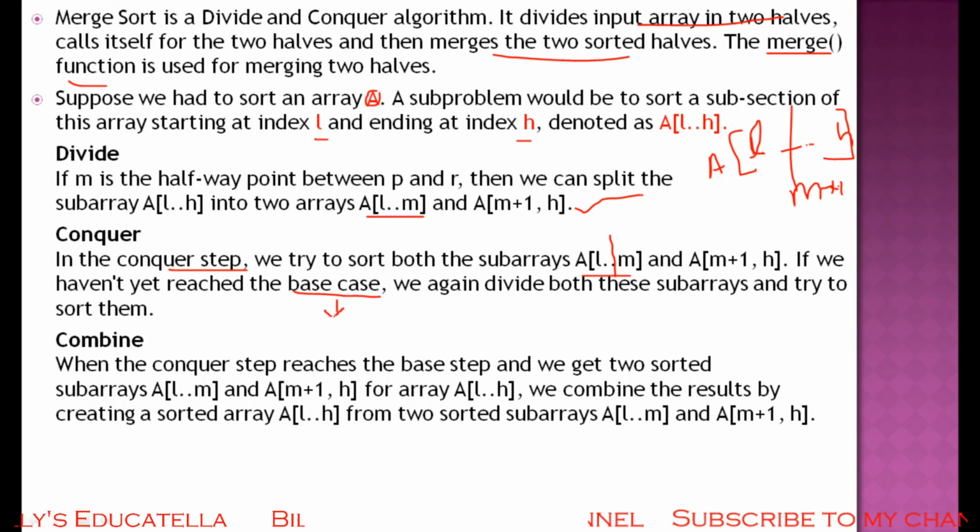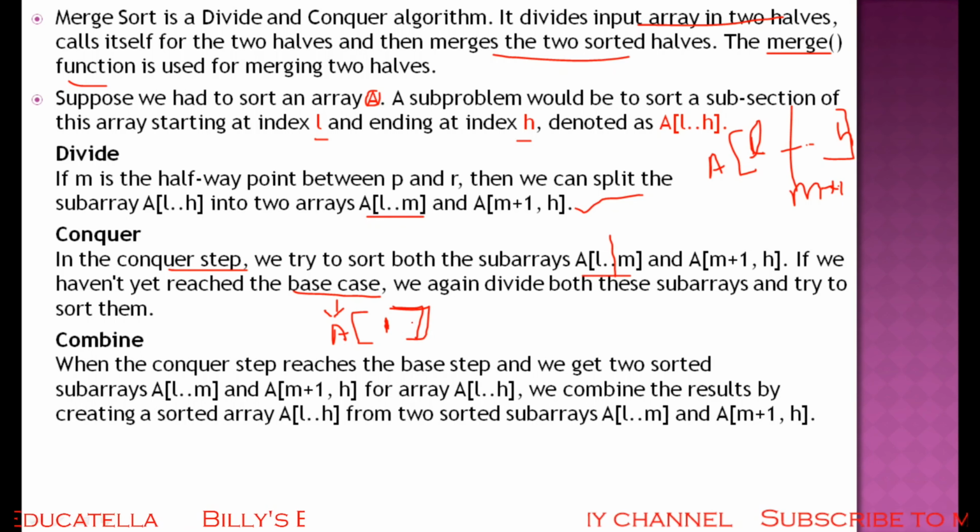The base case means the array should have only a single element. So until a single element is present in the array, we have to divide that array, and then conquer that array when the element is in the base case. Okay, I think you understood.